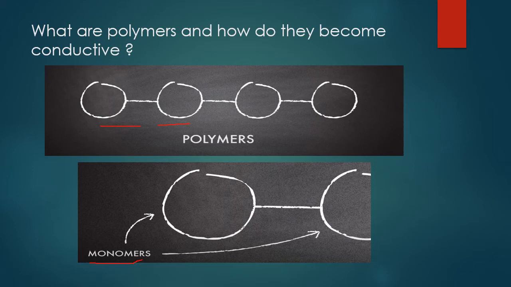A monomer is a molecule that can be bonded to other identical molecules to form a polymer. Conducting polymers are synthesized from their respective monomers using electrochemical, chemical oxidation, or interfacial polymerization processes.